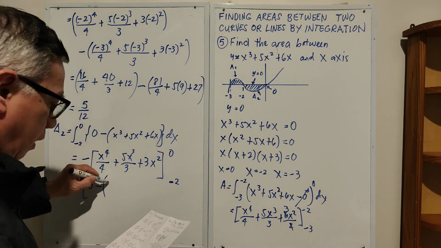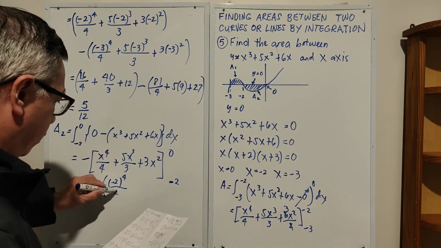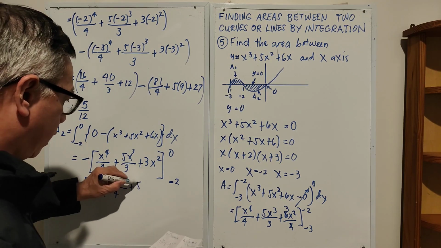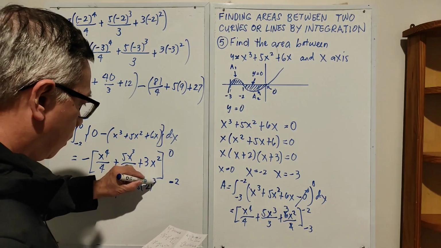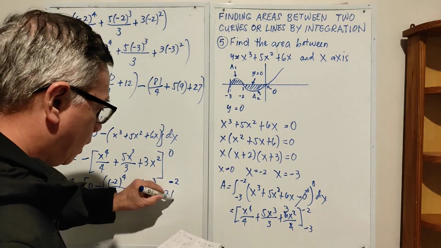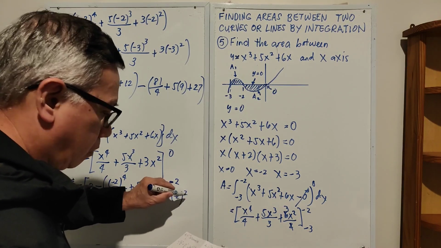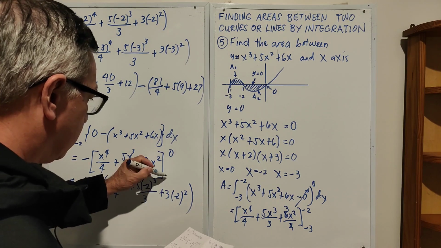That would be negative 2 to the 4th over 4 plus 5 times negative 2 cubed over 3 plus 3 times negative 2 squared.